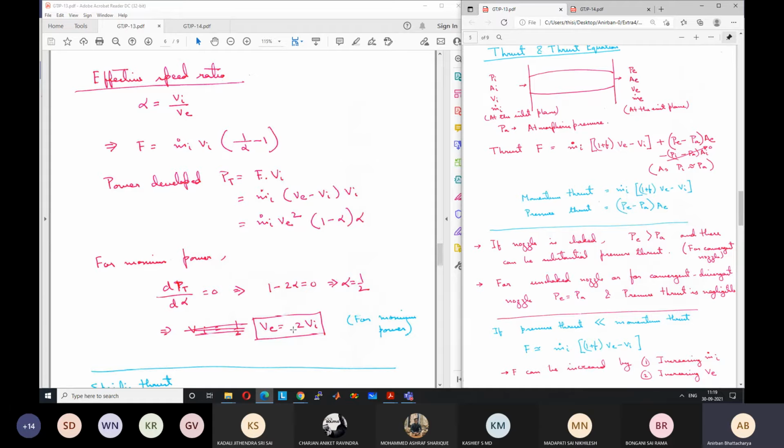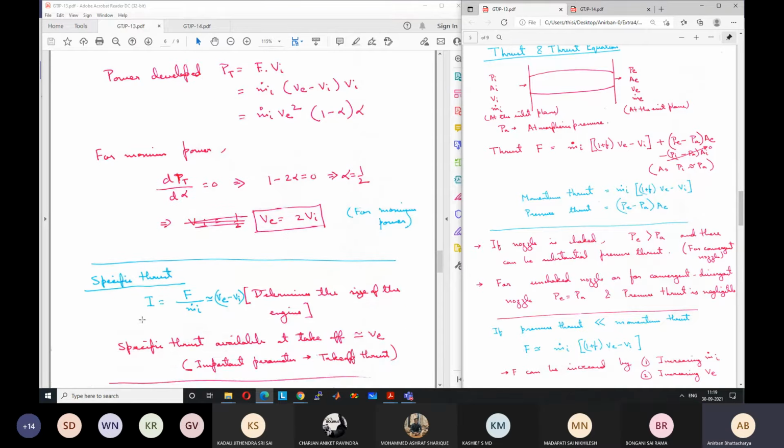It means that the aircraft should fly at half the exit velocity of the gases. This is for maximum power, but this is not the only consideration. Efficiency is the most important consideration, which we will take a look at in a minute.